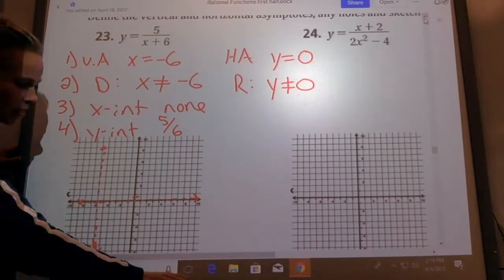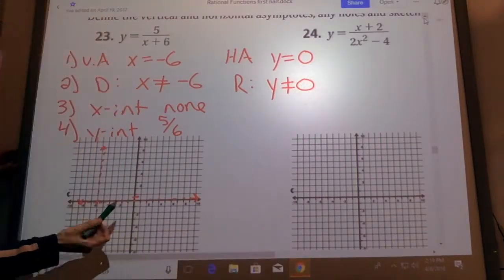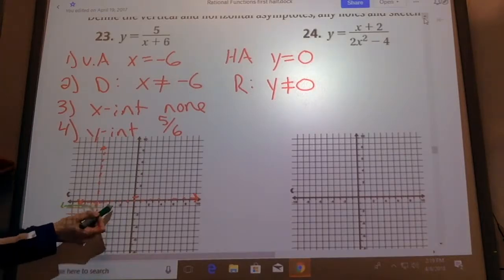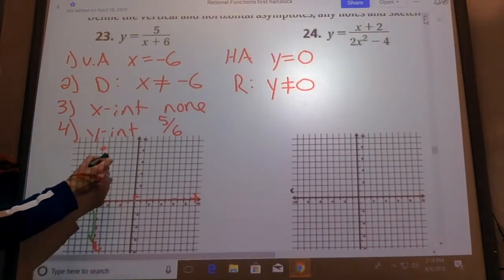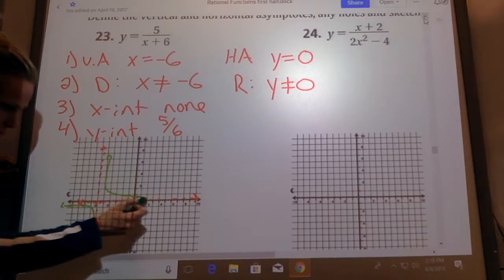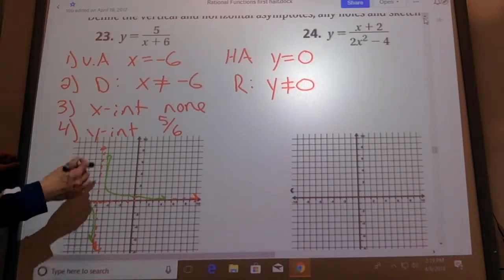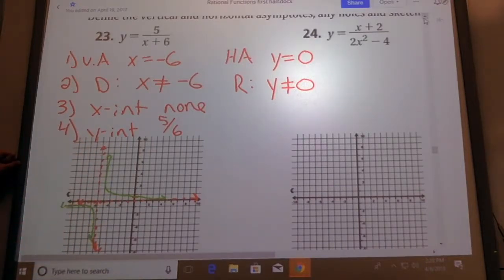And if you graph this on a graphing calculator, you should be able to just sketch in this graph using your asymptotes and any intercepts that you have. I need to make sure I go through that y-intercept when I graph it. And that's all I want. Just graph it on graphing calculator and just kind of sketch the picture that you see. Just so you can start visualizing what these look like.